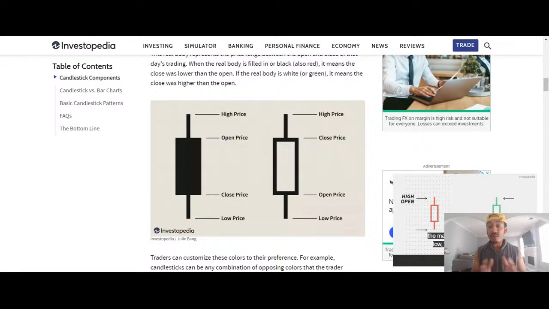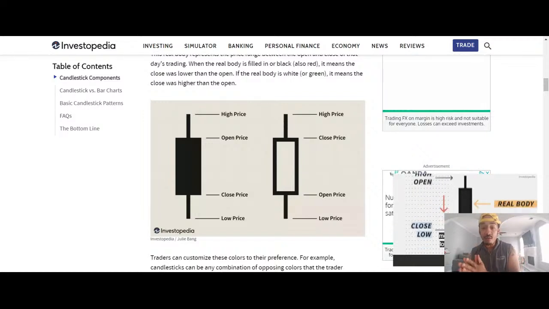Whatever time frame you're looking at, if you're on the 2 minute or the 5 minute, the candle represents price movement during that time frame. So if you're trading on the 2 minute, one candle represents 2 minutes. You have two types of candles: green candles and red candles.